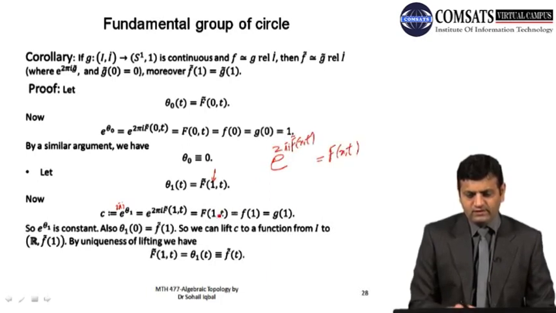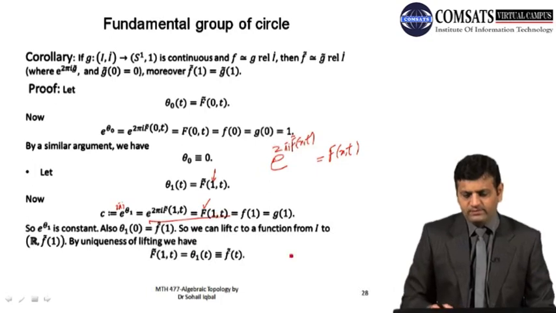So using this fact, by the definition of relative homotopy, since this capital F is a homotopy of f and g, whenever x is equal to 1, in other words, what we are saying is that these endpoints are fixed.